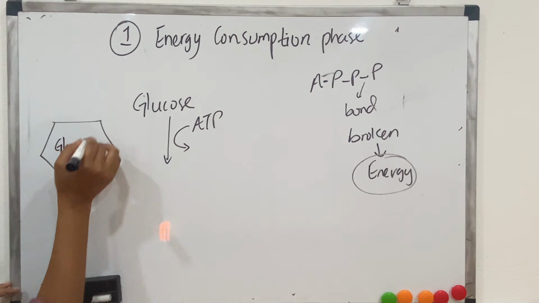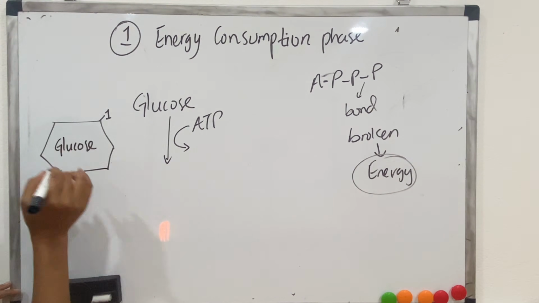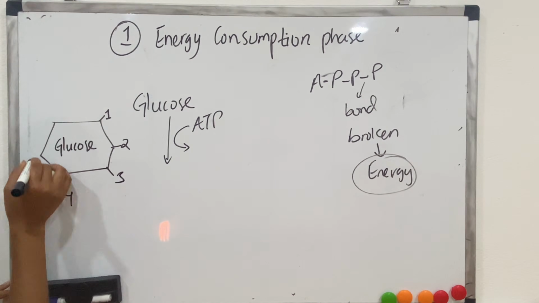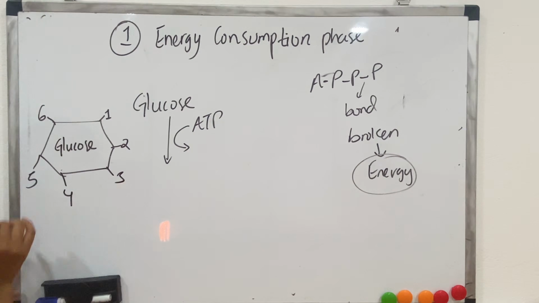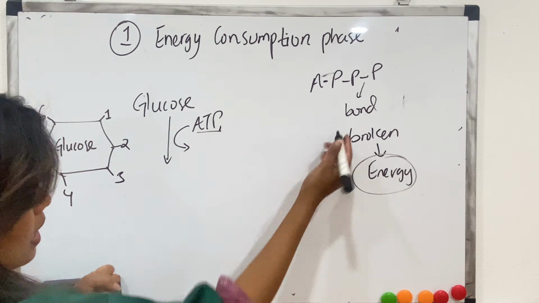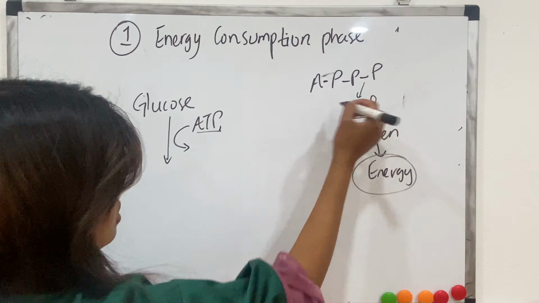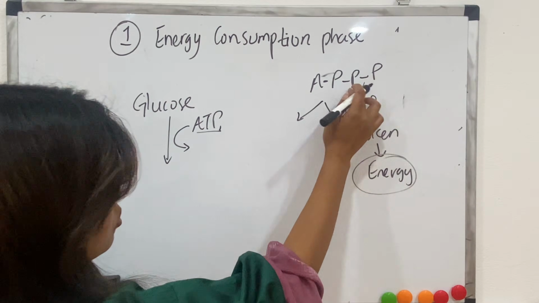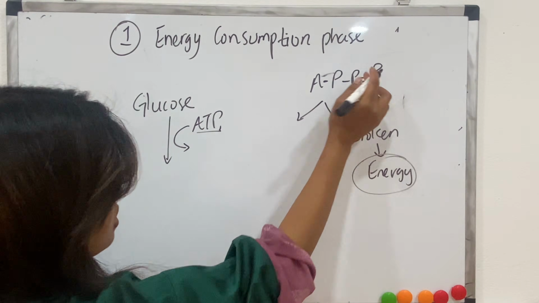So take this as glucose, and glucose has 6 carbons, right? Take this as the first carbon, second carbon, third carbon, fourth, fifth, and sixth. So there are 6 carbons in total, and ATP provides energy. How do we obtain energy? By breaking the bond between the last 2 phosphates.